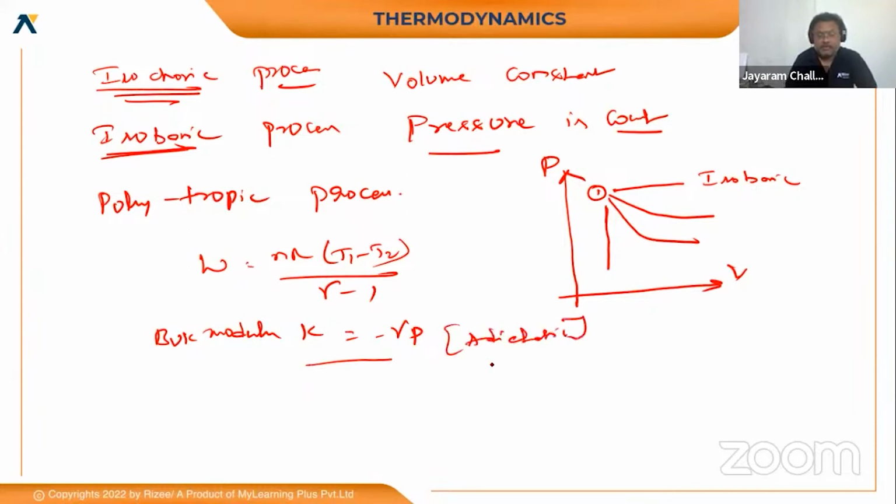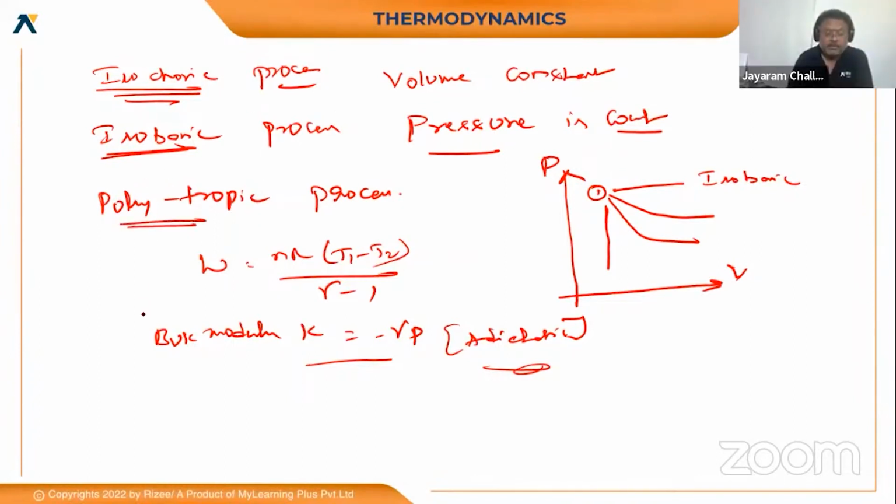Adiabatic process, right? So work done will be different, heat supplied will be different, and heat utilized will be different. The sum of heat utilized and rejected you can call the total heat. Next, we have also seen the polytropic process.